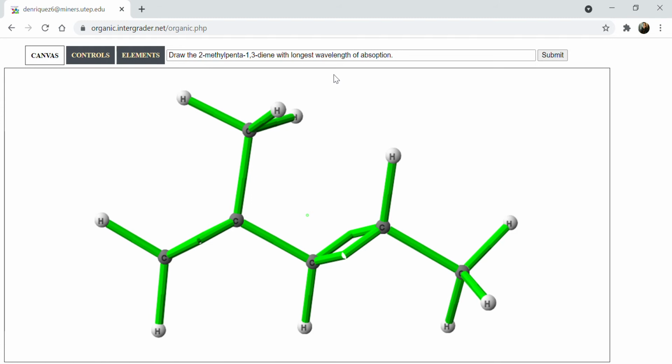If it was isolated, it wouldn't be above 200, so this should be good. I'm just checking my notes. It looks good. So remember, conjugated means that there's just one single bond in between these 2 bonds, so they're not completely isolated from each other. If it was isolated, this bond could be over here and they would be isolated from each other. So longest wavelength, conjugated. Short wavelength, isolated.